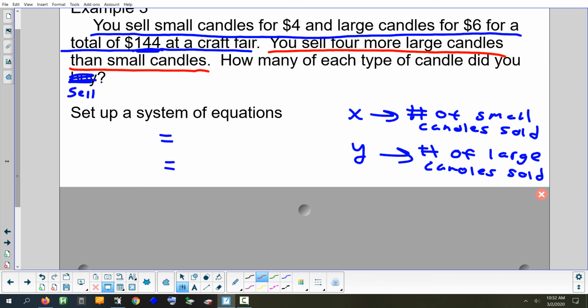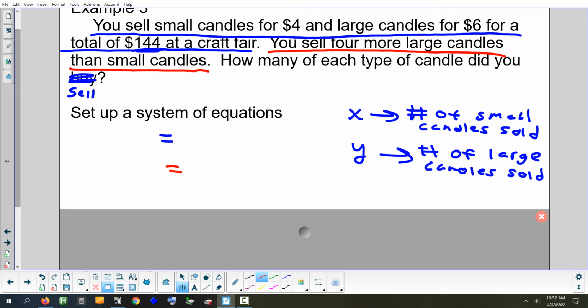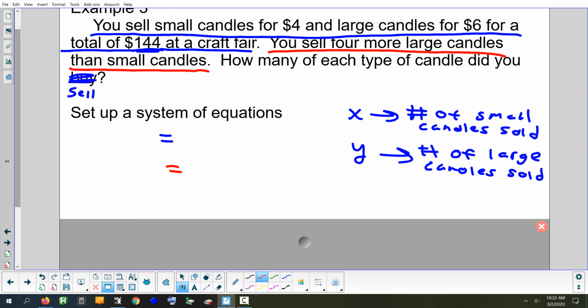Let's start with the red one. Okay, that one's easier. Maya, what does it say in red? You sell 4 more large candles than. All right. So another way to think about it, I'm just going to reword that sentence in a way that I think makes sense.